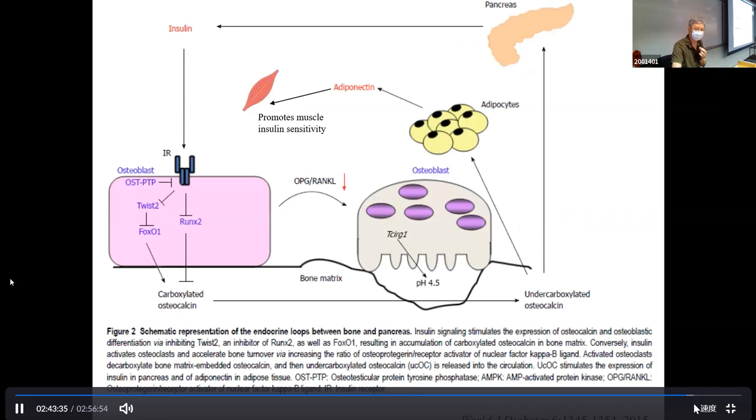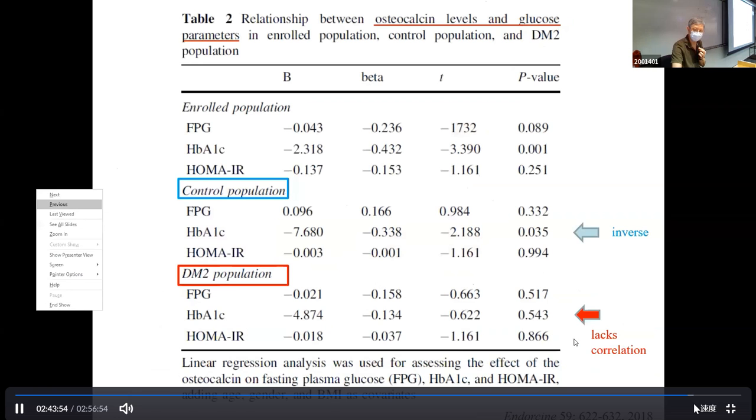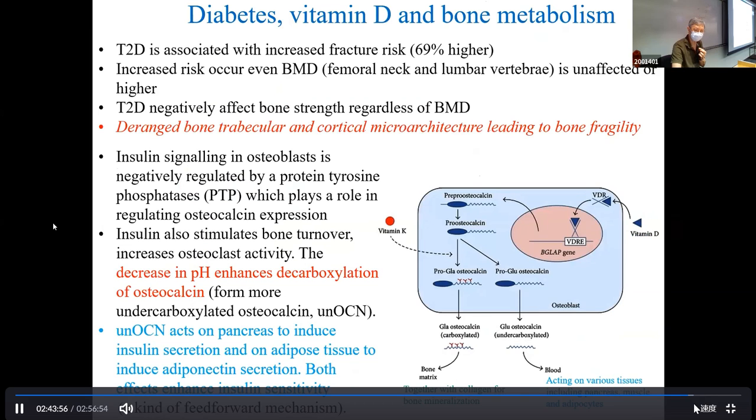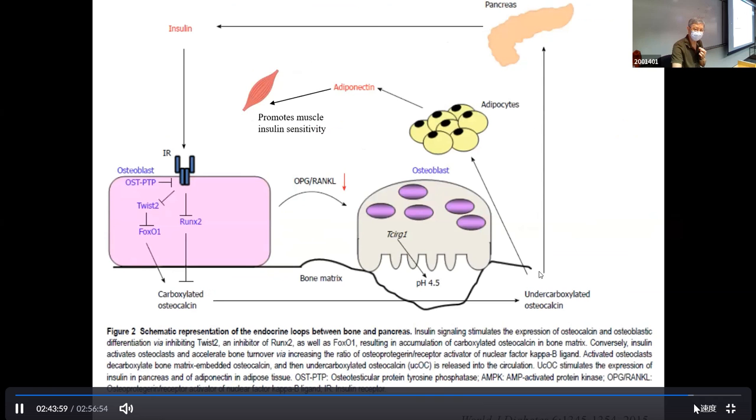What you see here is the proposed mechanism. Again, I don't want you to remember the whole thing, but I want you to know that the uncarboxylated osteocalcin that I showed you earlier, here we have carboxylated and uncarboxylated. The uncarboxylated osteocalcin can act on edible tissues and on the pancreas, where it will have mechanisms to increase insulin secretion.